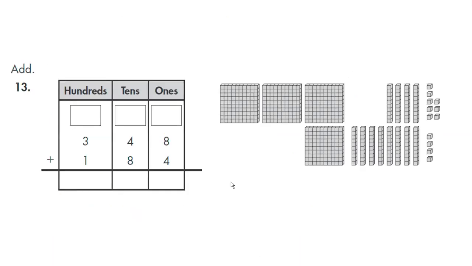Here we go, same thing. We have 348 plus 184. Again, they show us in place value blocks if you need to see it. We're going to add our ones first. So we're going to add 8 ones plus 4 ones. Put the bigger number in your head, put 8 and count on. 8, 9, 10, 11, 12.